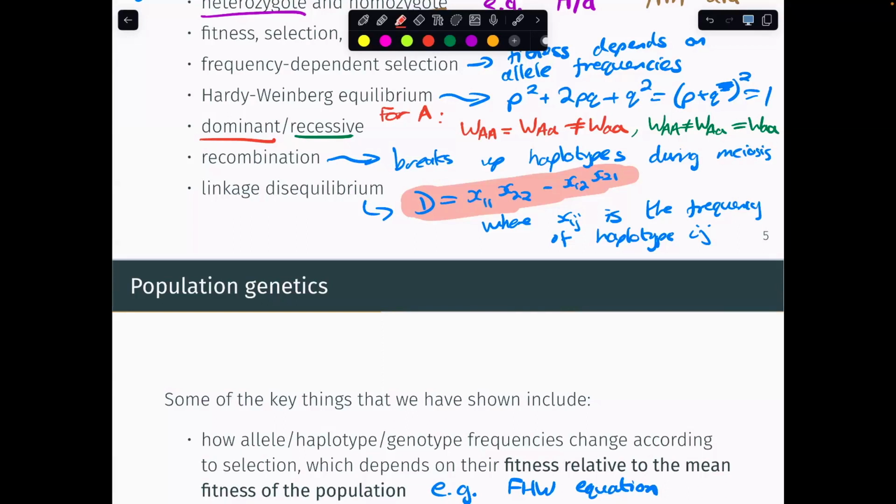Conversely, if these ones here are much more common than the A1B1, A2B2 ones, then it will be negative. So it's all about what is more common in the population. If you suppose that these two haplotypes were much fitter in the population, then it would be positive. If these two were much fitter, then you generally expect it to be negative. But it's really an arbitrary definition that we started with.